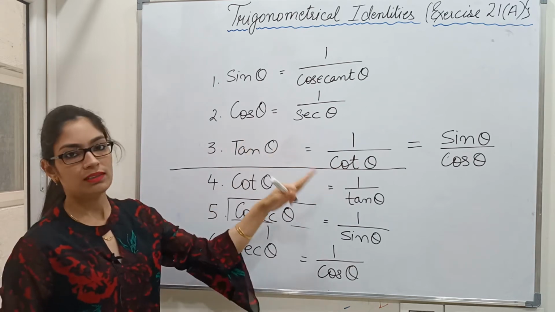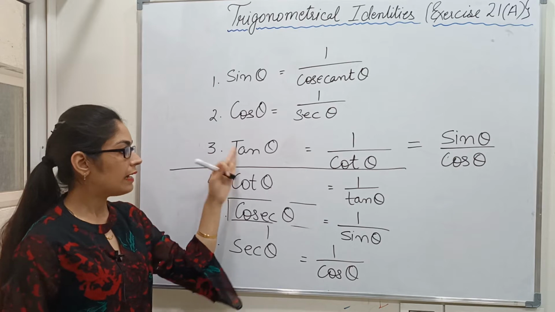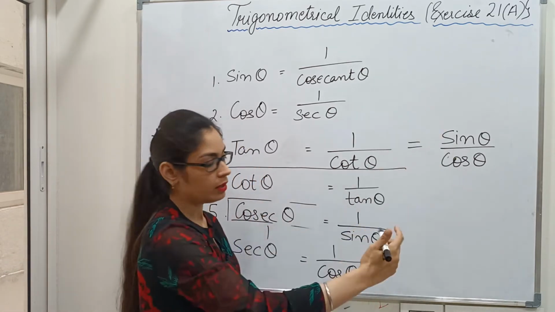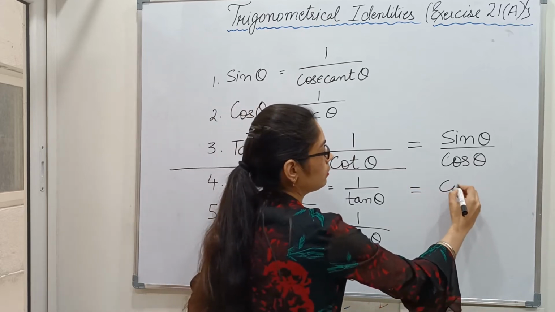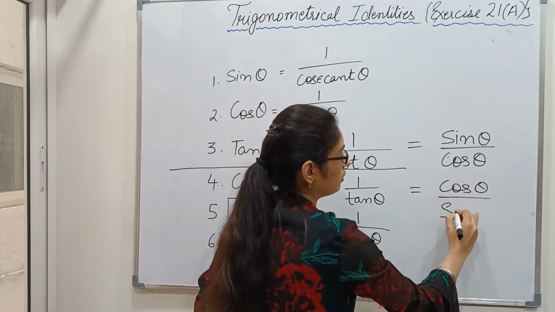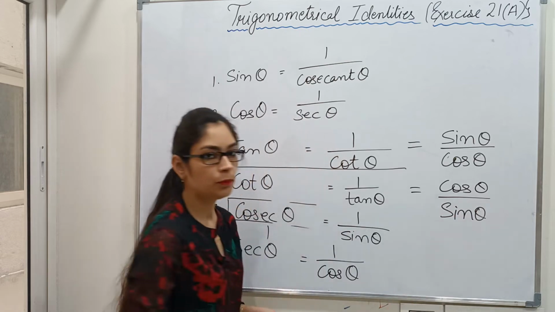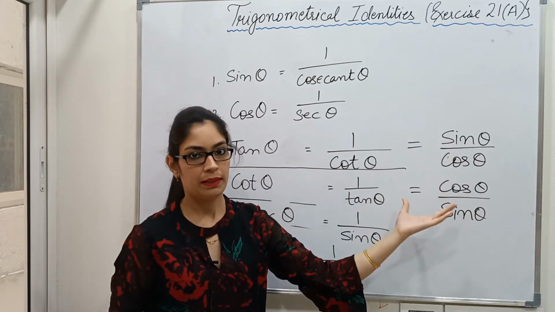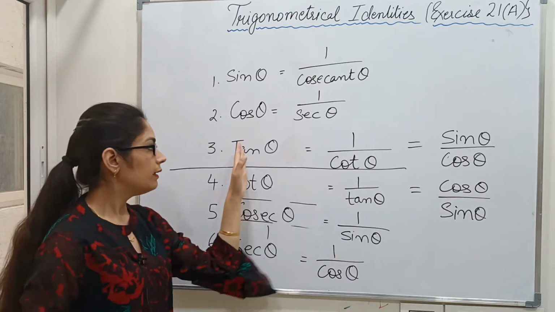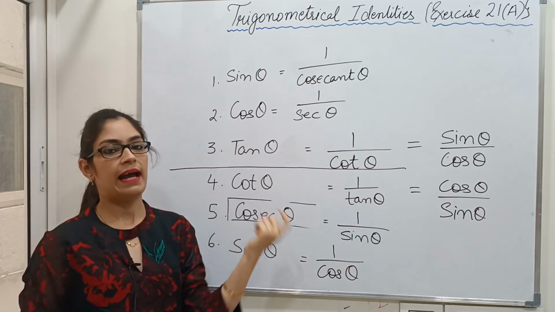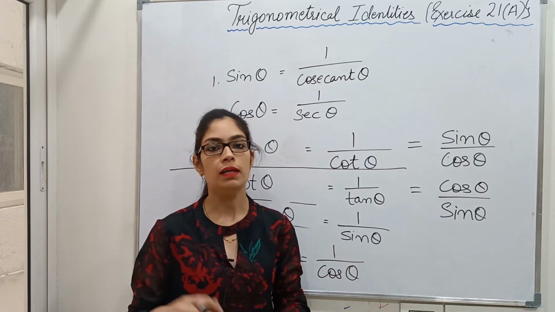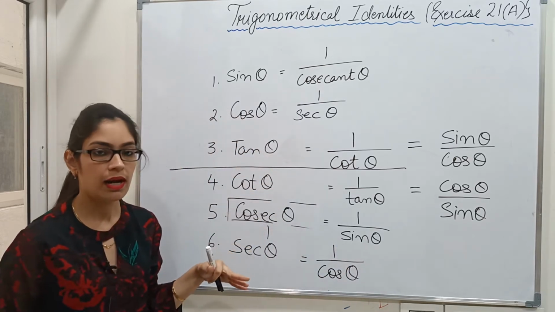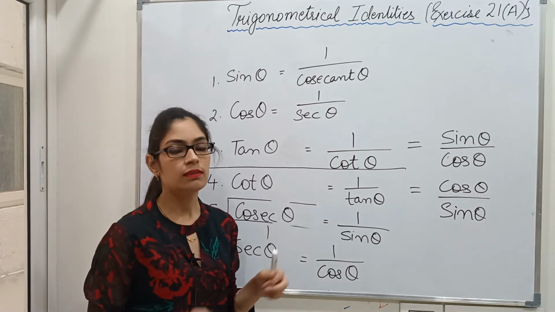If sine by cos is tan, and we know tan's reciprocal is cot, then cot can be written as cos by sine. So one additional thing, because tan's reciprocal is cot. If tan is sine by cos, then cot will be cos by sine. So these relations you have to remember for this exercise.